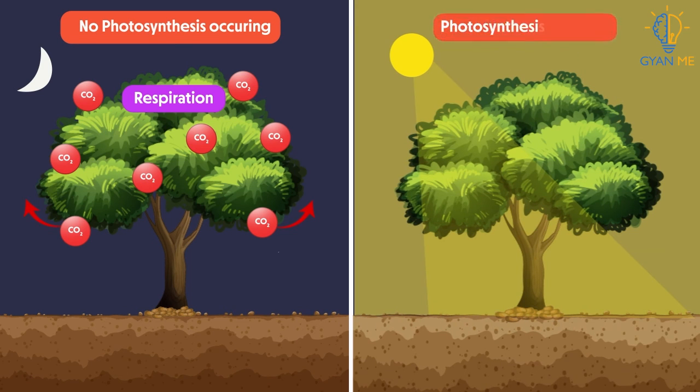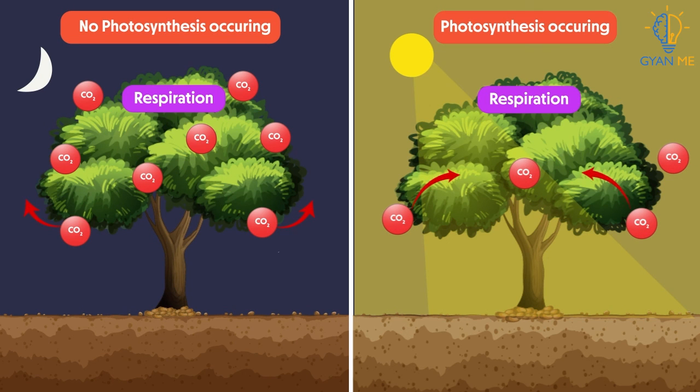While during the day, most of the CO2 generated during respiration is used up internally by plants for the photosynthesis process. And hence, there is little CO2 release. Instead, oxygen release is the major diffusion activity during the daytime.